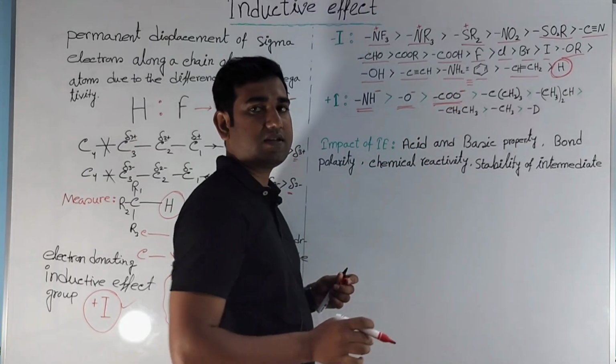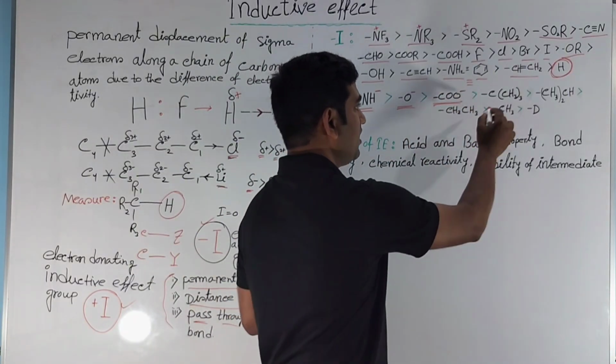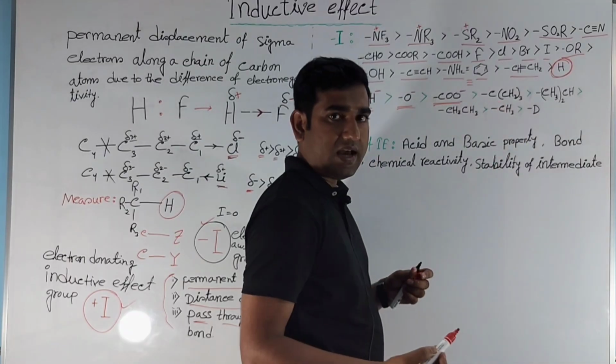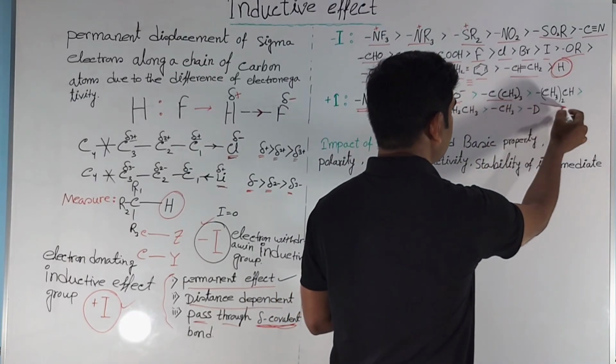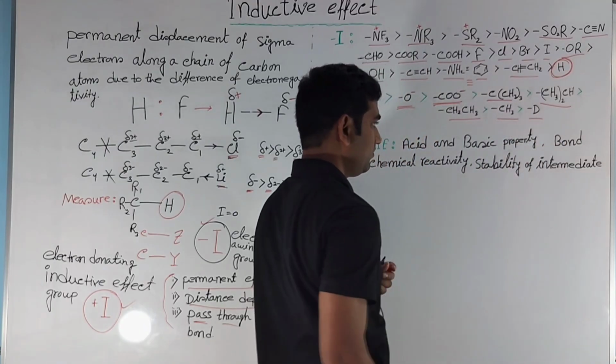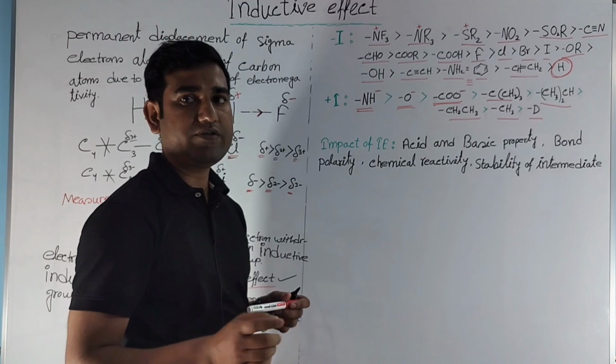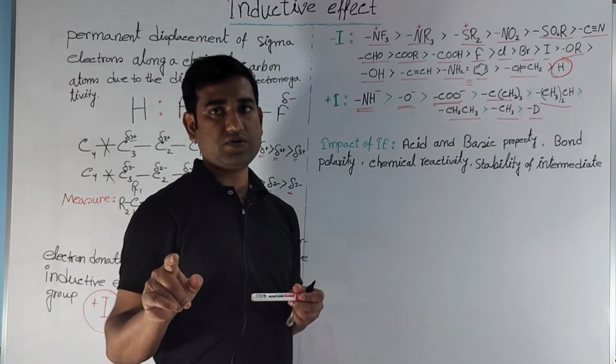Once acid releases the proton, hydrogen, CO minus is formed. Then tertiary alkyl group, then secondary alkyl group, primary alkyl group, then methyl, then deuterium. So you have to remember that, then you can solve any question.